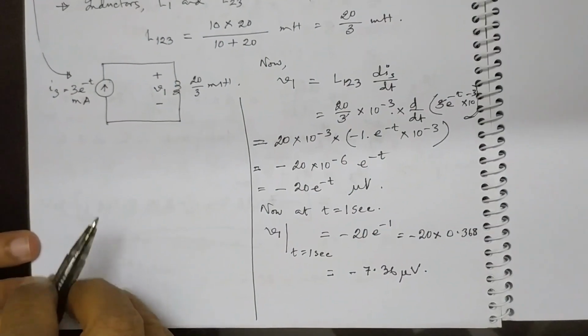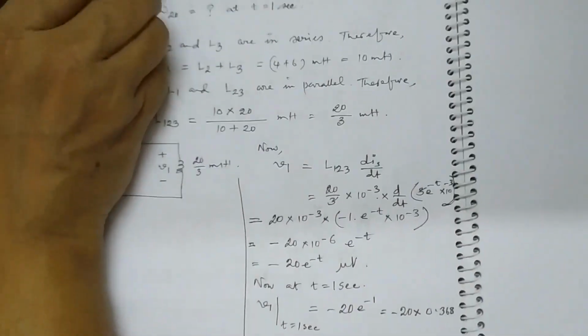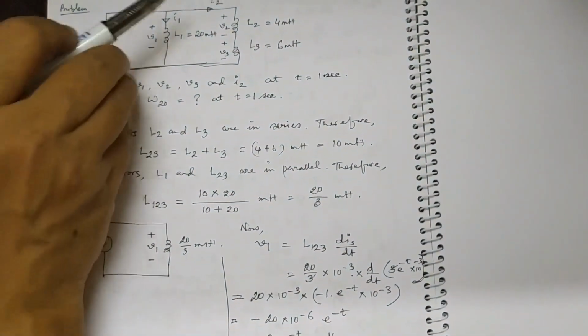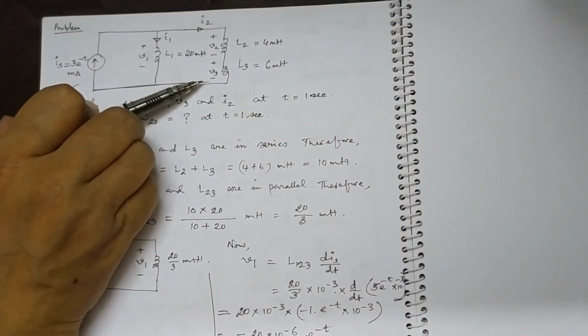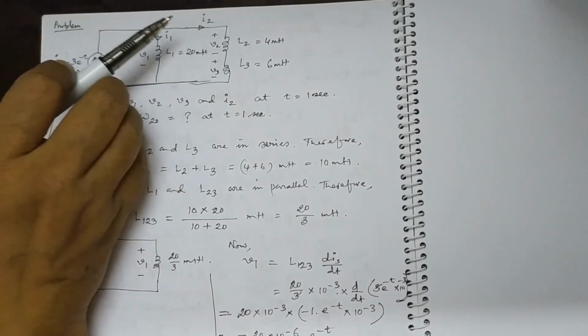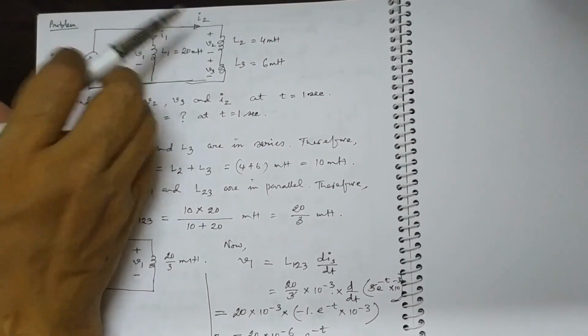Now, we have to find V2 and V3. To find V2 and V3, it is suggested to find I2. To find I2, we have to apply the current divider rule.